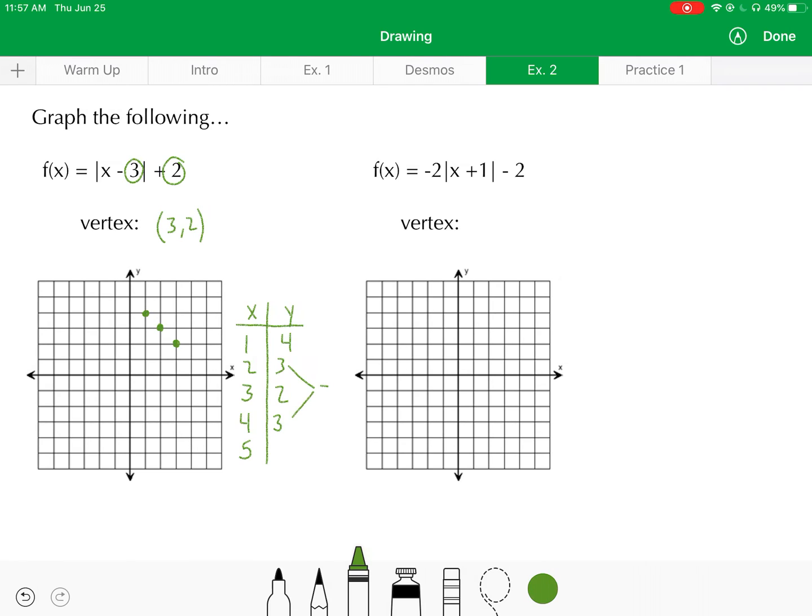Notice how those are equal? Not a coincidence. That tells me that I had the correct vertex, and it's showing the symmetry of the graph. By the same reasoning, when I plug 5 in for x, I should get 4 out for y. These two should be equal. Okay, and here we have our graph.